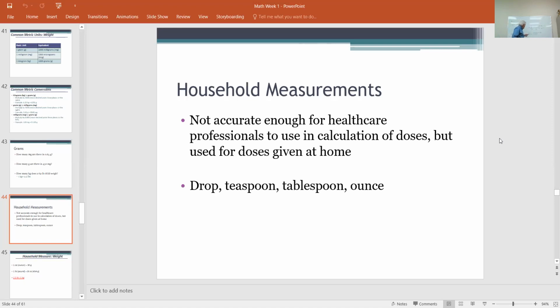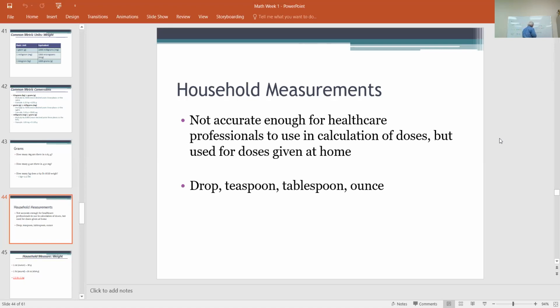So when we are converting, say, grams to milligrams, we're moving from left to right on this chart. We multiply by the factor above the arrow. Okay? And we multiply by the factor above every arrow that we cross.